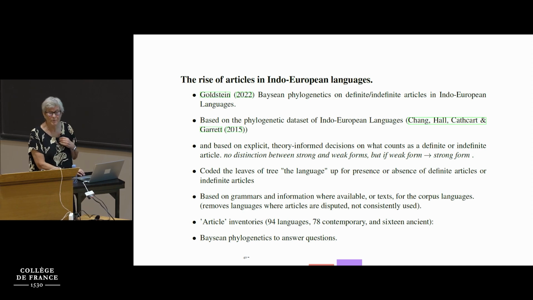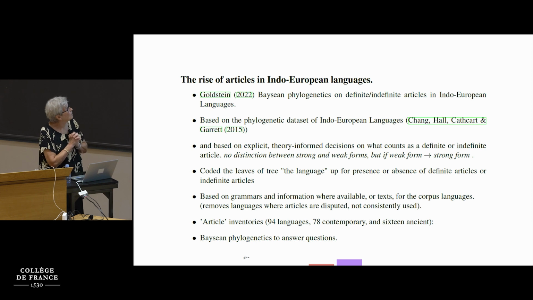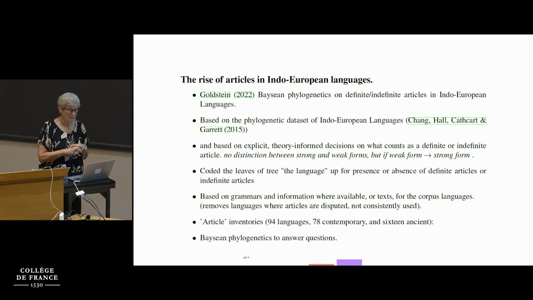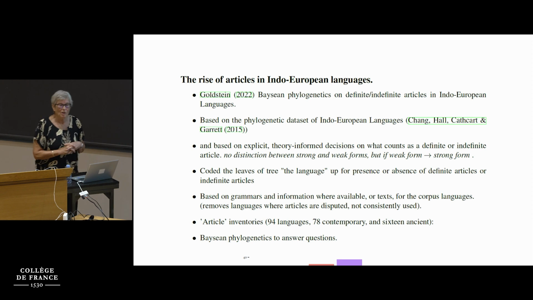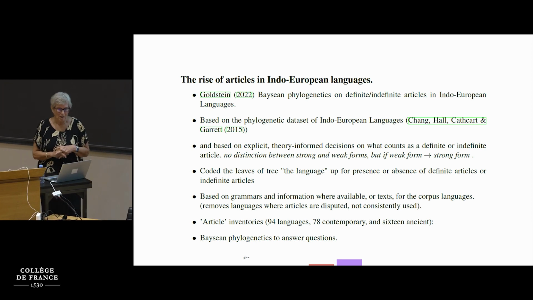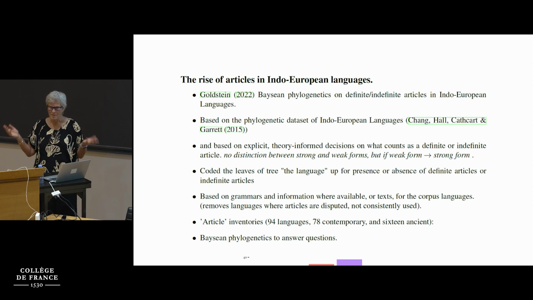We get further into insights from a study that my colleague David Goldstein has done and recently published a paper on, which is about what happened in the history of languages. There are languages that don't have articles and there are languages that have articles. Did Indo-European languages always have articles?